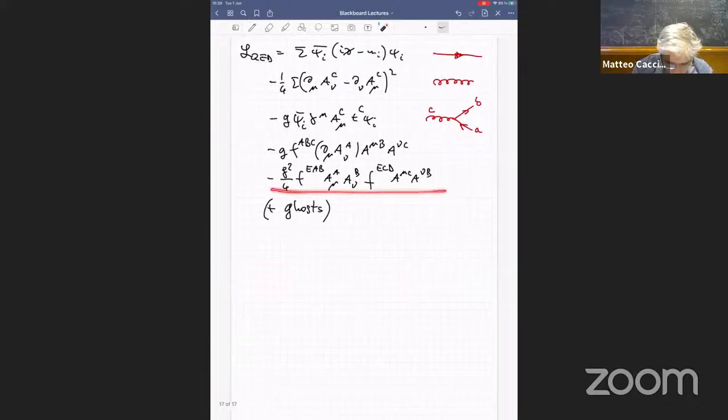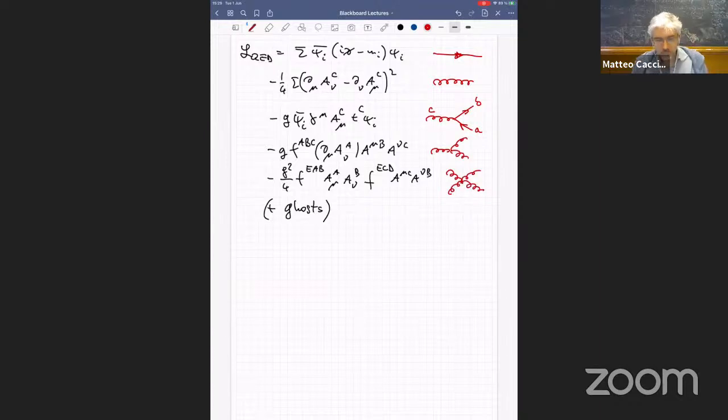So these are the result of non-abelianity of the theory, and they can actually be interpreted after quantization and perturbation theory as the interaction between 3 gluons and the interaction between 4 gluons. These are new things, and these are exactly the kind of interactions that make QCD special, and we'll see how QCD is special.